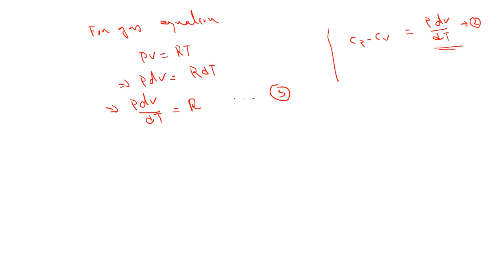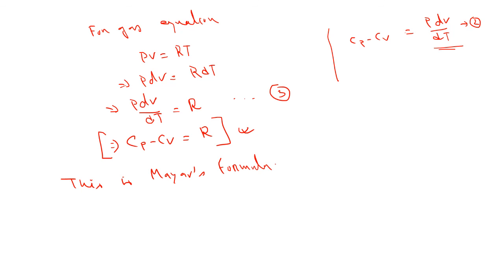So I can write it here: Cp minus Cv, and this part is equal to R. So we can derive a very important formula, and this is known as Mayer's formula. This formula is very important for the upcoming exam also.